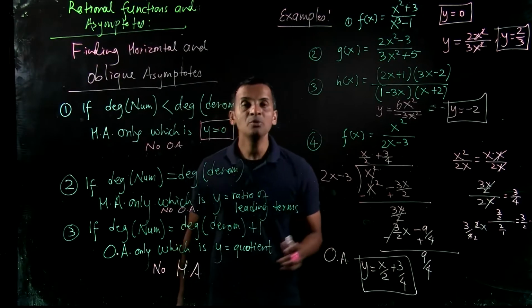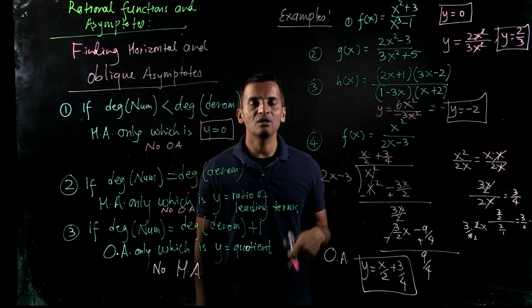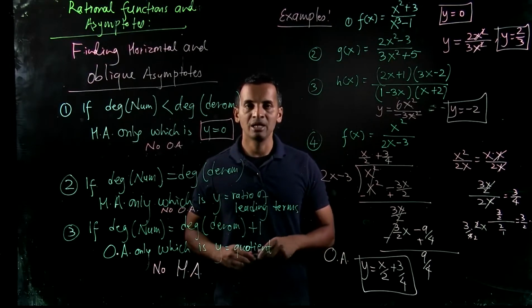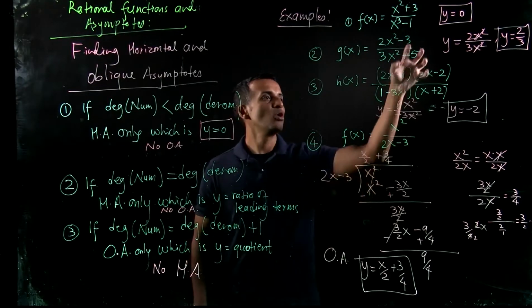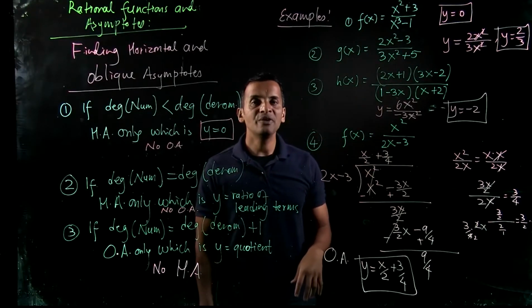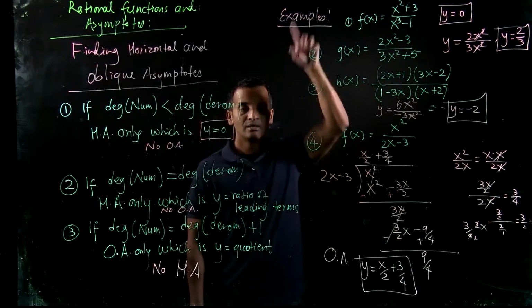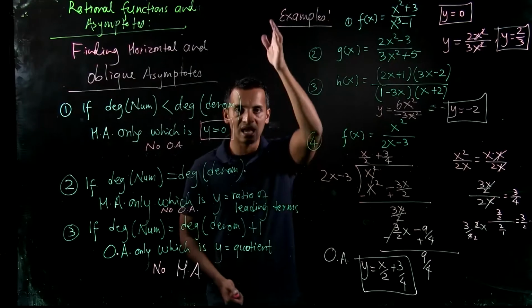In fact, you can figure out the horizontal, vertical, or oblique asymptote from the graph as well. You can estimate those. Okay, if you plug these functions into the graph, you can see that if there is a vertical asymptote, there is a blow up towards the vertical line, right?